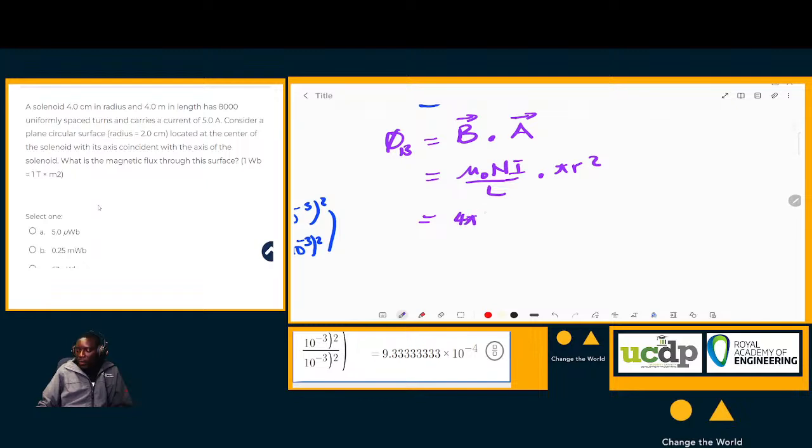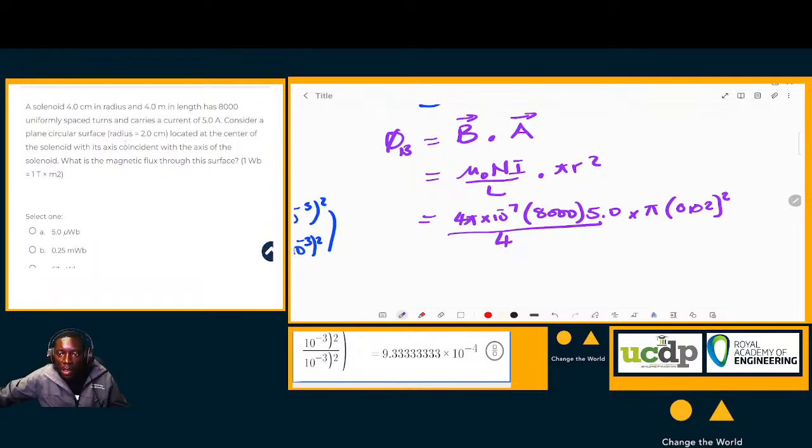So 4 pi 10 to the negative 7 multiplied by N, the number of turns, 8,000. The current, 2 amps, no, 5 amps. The length, 4 meters times pi, and the radius squared, 0.02 squared. That's the expression that should give us the flux through this surface.